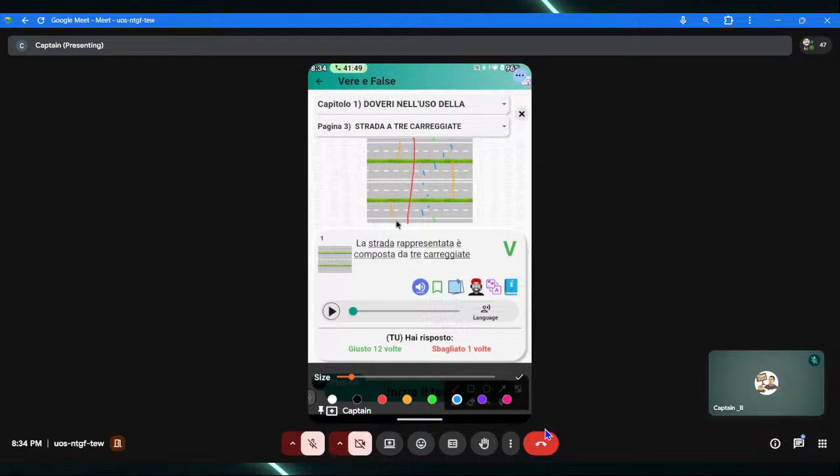Now, why is this one called 3 carreggiata? The reason why this one is called 3 carreggiata is because of this spartitraffico, this green line here. This green line is like the island. Have you ever seen where they put street lights in the middle of the road?